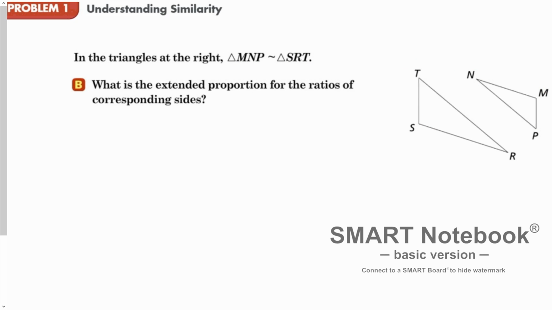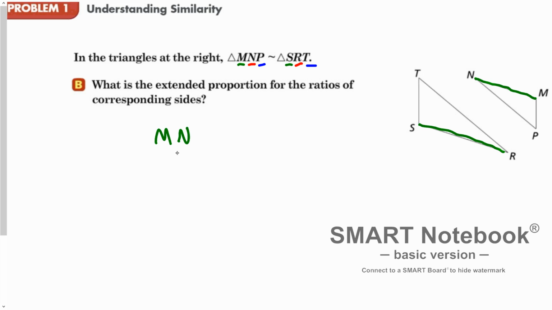And then here's the second part. M to S, N to R, P to T. Now we want to do the extended proportion. Okay, so MN and SR. Okay, so I write it as a ratio.